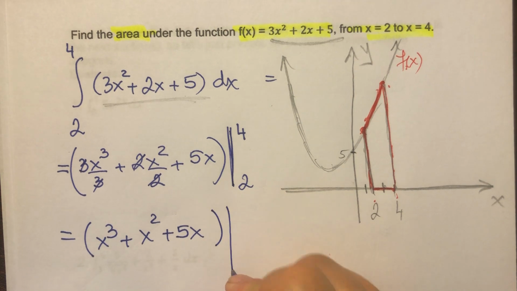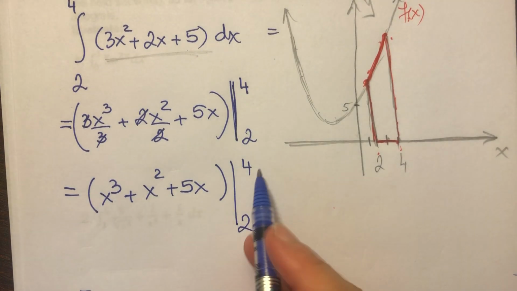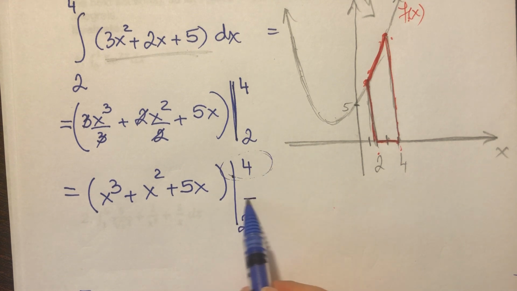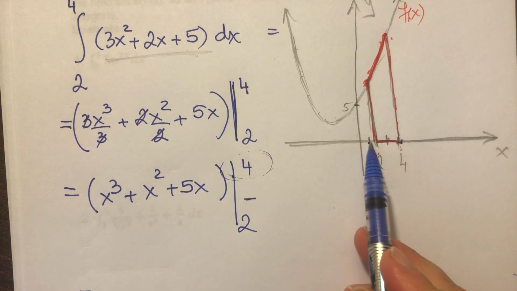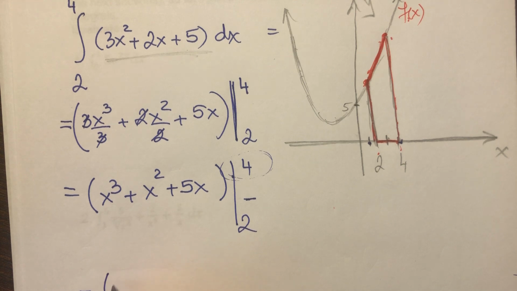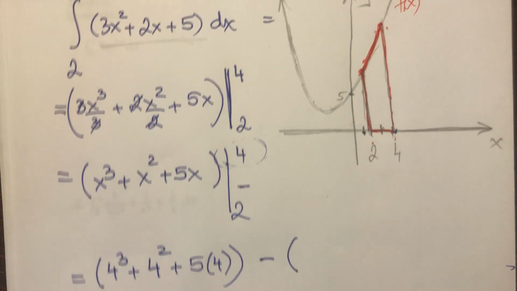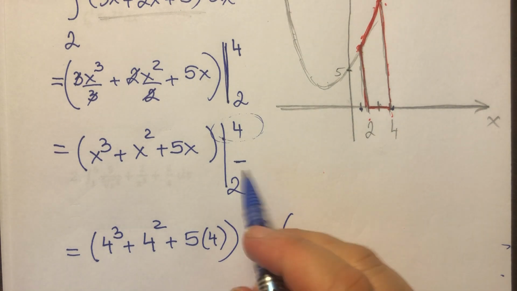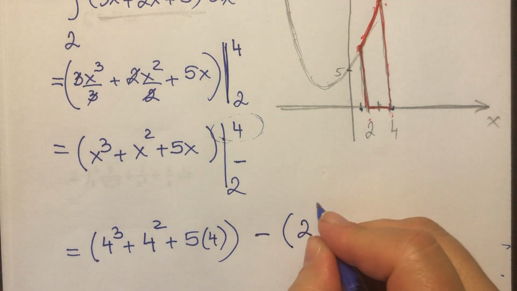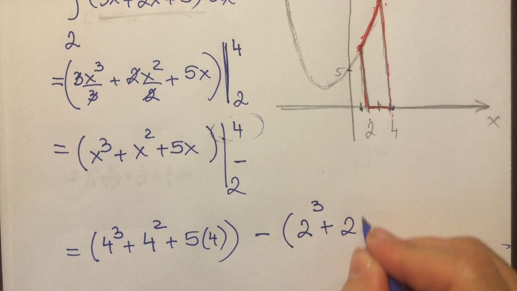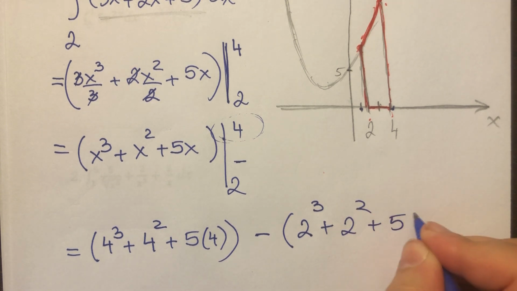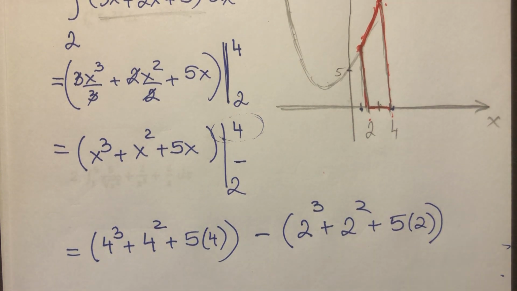And what does it mean to put in these two limits of integration? Means plug in first the 4 minus, so it's all the way from here minus here. So you first are going to plug in the 4. Remember, it's an area also, and areas always have to come out to be positive. So to make sure you get a positive answer, you always want to subtract from the larger value the smaller value. Okay, so there's that.